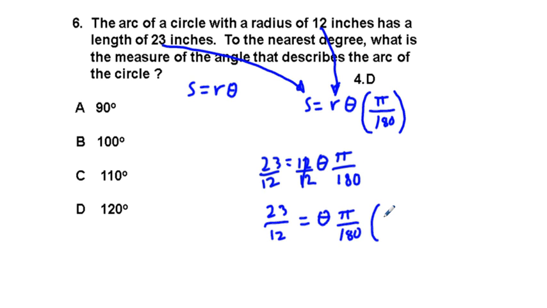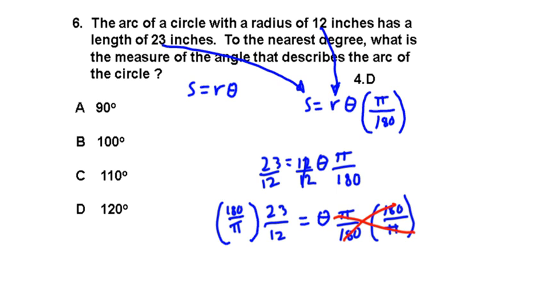And we can multiply both sides by the reciprocal of pi over 180, which is going to be 180 over pi. And then this other side on the left, we can multiply that by 180 over pi. And so we have cancellations here. So theta equals 23 twelfths times 180 over pi.